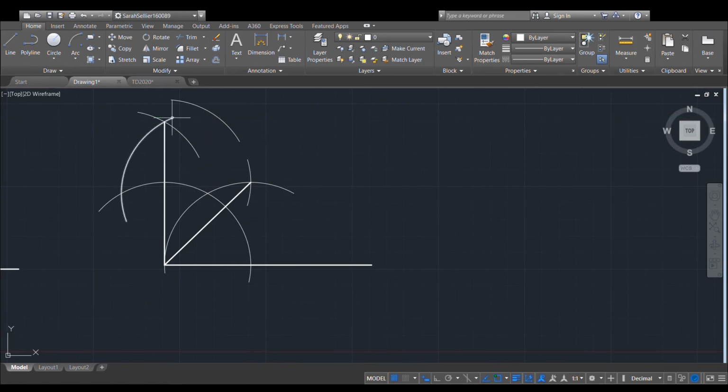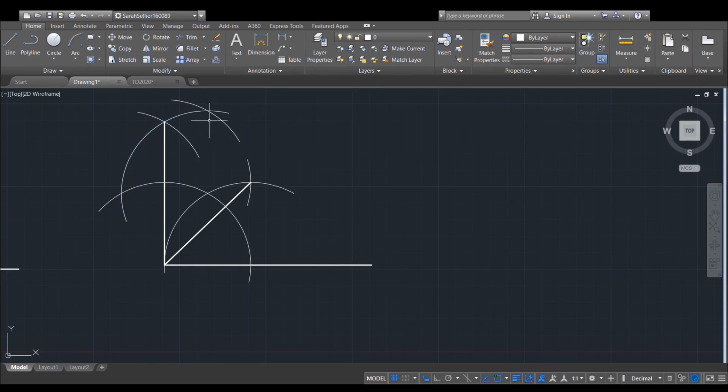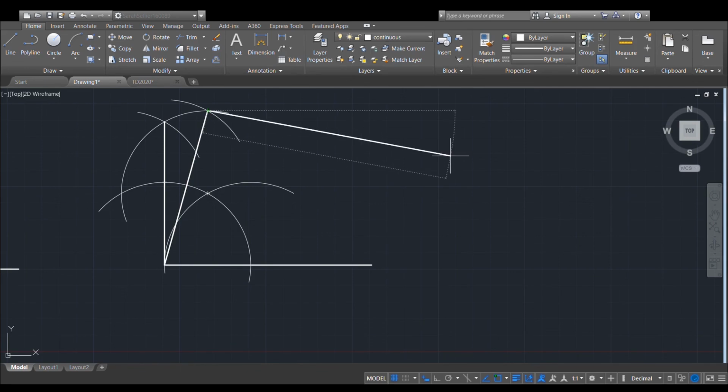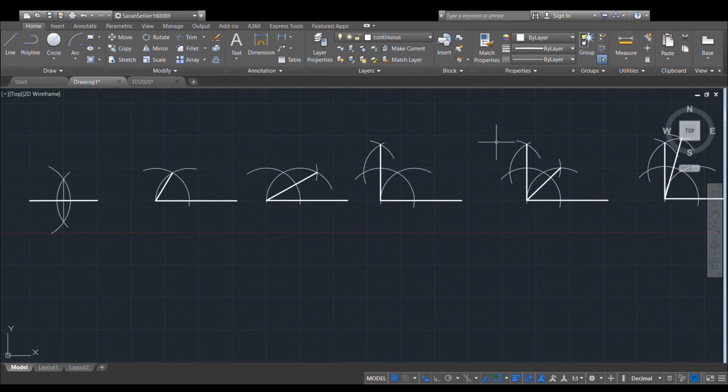But as you see, I already have an arc here, so I'm going to hover over, not click, click lengthen, and pull it over here. This intersection here, you don't need this, by the way. This is just the 45-degree one. You can delete that. I just copied it over. And that intersection here marks where this line would be 75 degrees to that line. So those are all our angles. Aren't they beautiful?